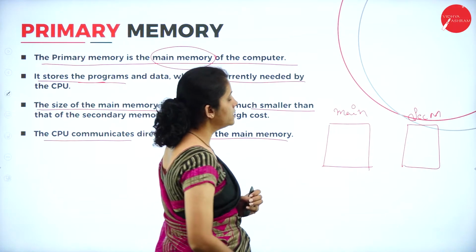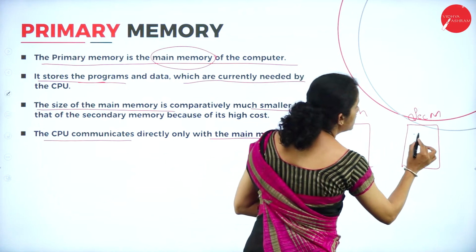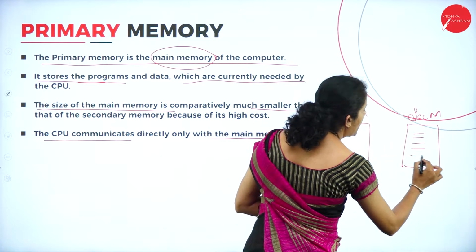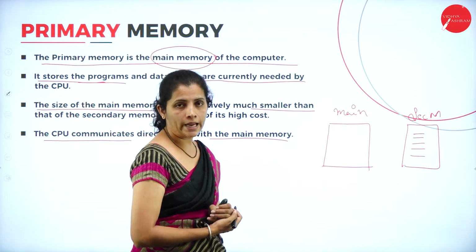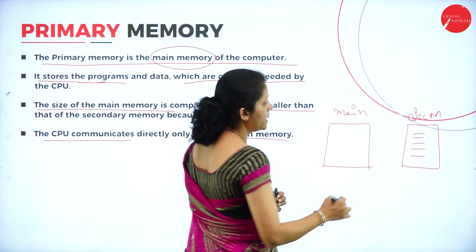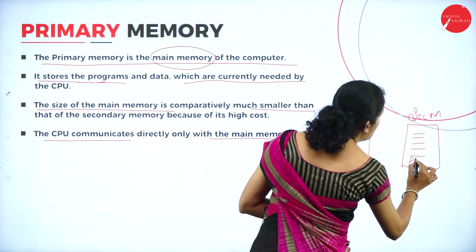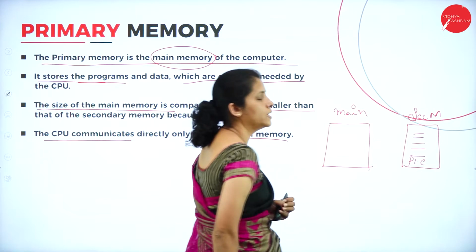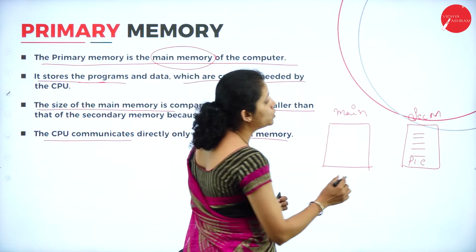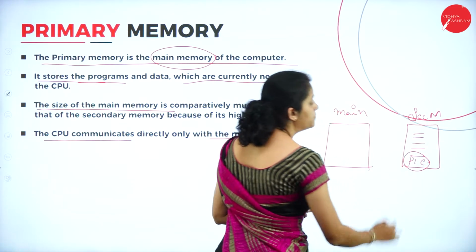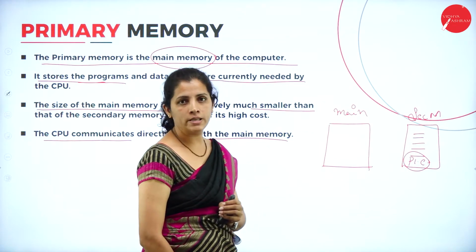Now, dear student, think that there are some programs as well as data stored in the secondary memory. For example, say P1.C. Now, think that the CPU wants to execute P1.C.